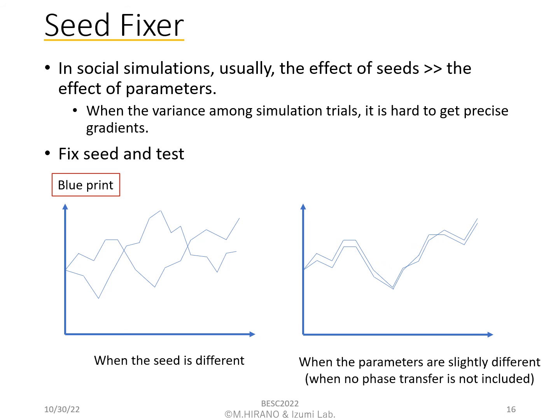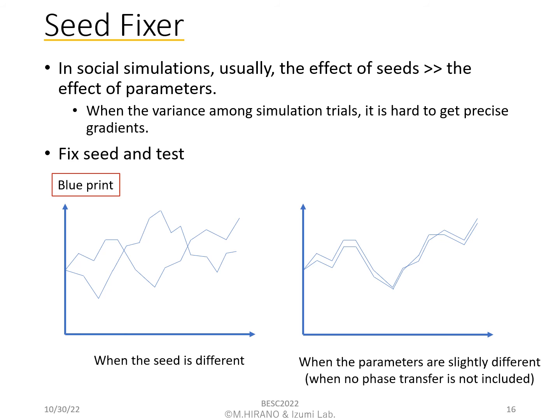The third component is the seed fixer. Usually in multi-agent simulation, random parameters are employed because replicating the probabilistic decision-making process requires randomness.